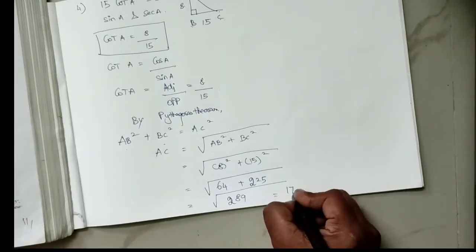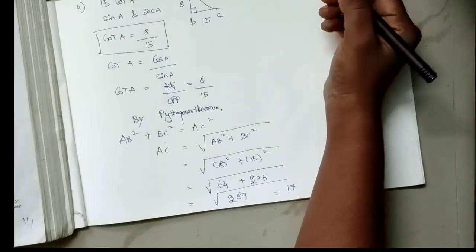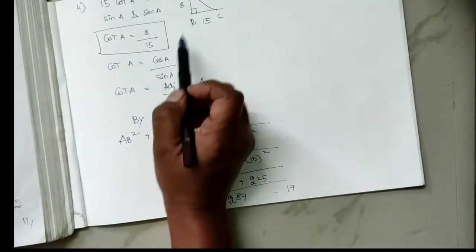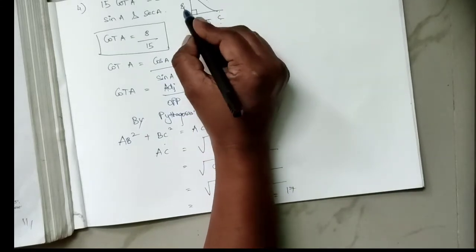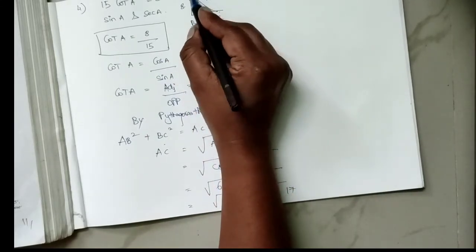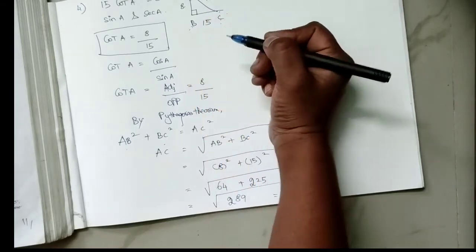This is nothing but 17. So we got all the sides. AC is going to be 17 centimeters, BC is going to be 15 centimeters, and AB is going to be 8 centimeters. Hypotenuse is going to be the largest side, we know that.